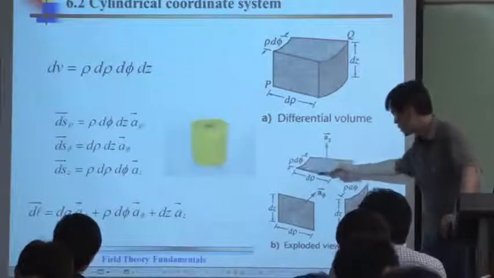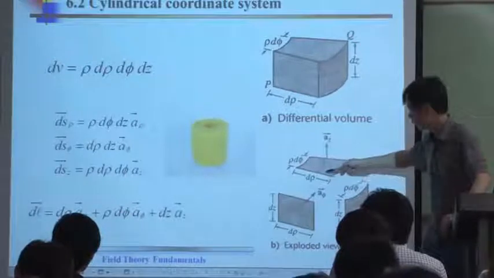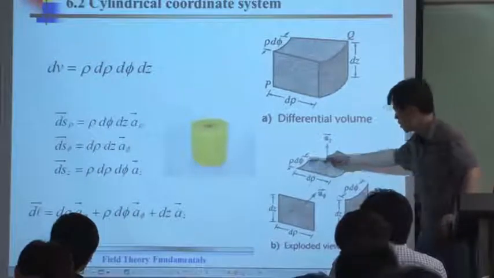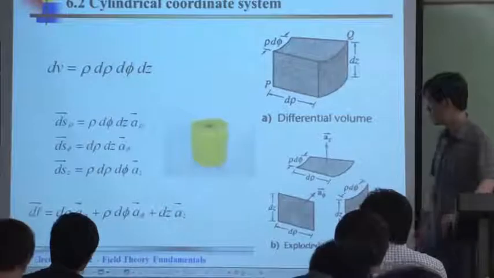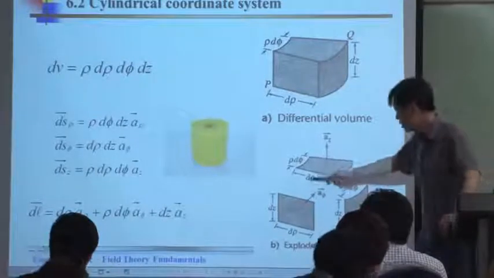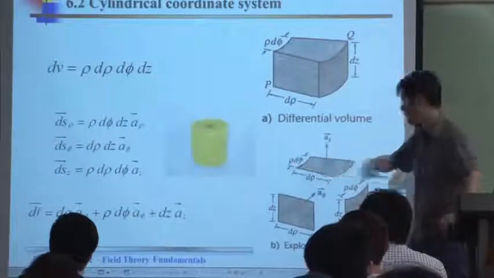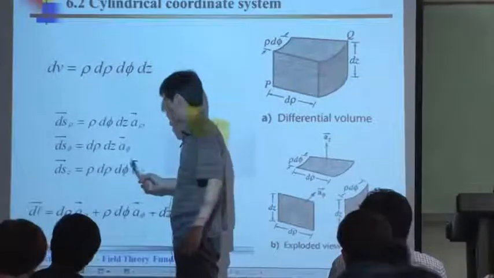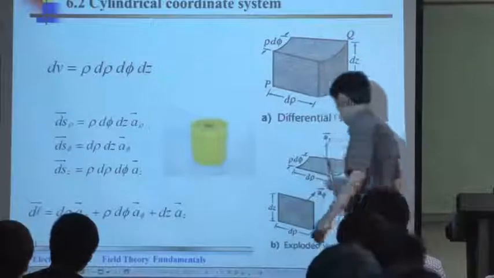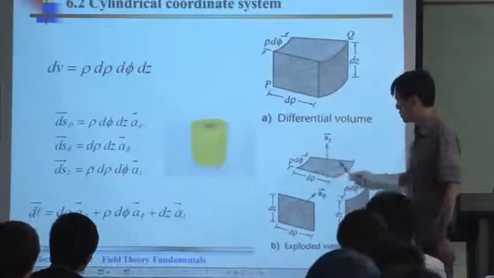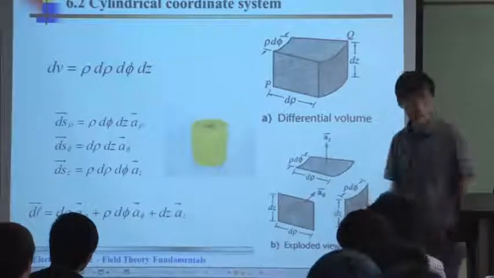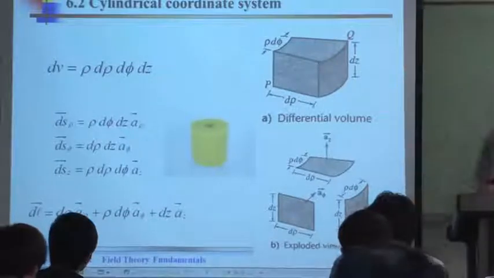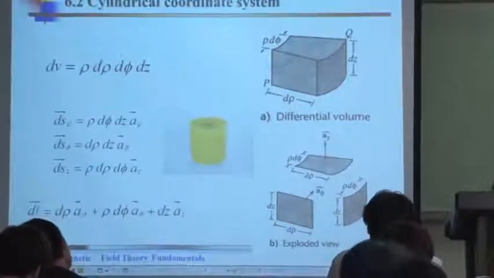Then it has a length and width. Then d rho and rho d phi, you can get the area, and the direction is normal to this surface. So it is pointing in the a z direction.